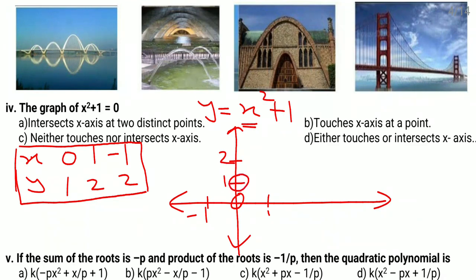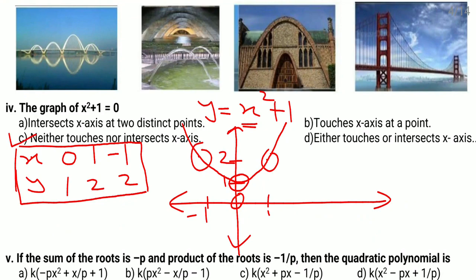Now the 1, 2 point will be at this position and the minus 1, 2 point will be at this position. Correct? If I draw the graph, it will look like this. Now you see, is it touching the x-axis anywhere? No, it is not touching anywhere. That means it neither touches nor intersects the x-axis. Correct? So option C is the correct one.